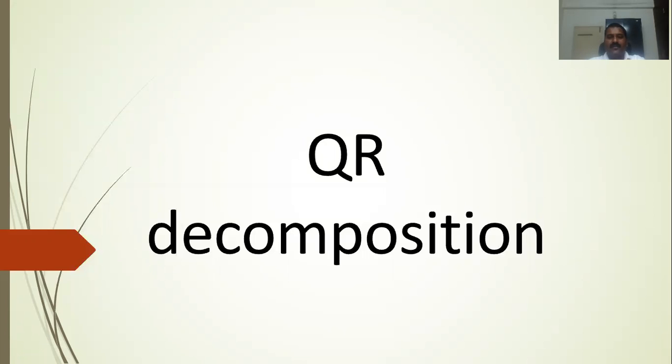Let's recall what an orthogonal matrix is. A square matrix A is said to be orthogonal if A transpose equals I, or A transpose equals A inverse. We have seen in many classes how to construct an orthogonal matrix. Its column vectors should be mutually orthogonal and the magnitude should be 1.